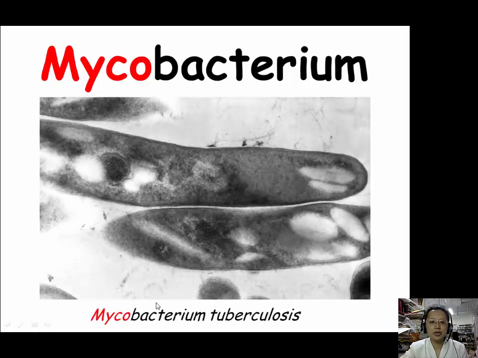Like in this picture, showing Mycobacterium tuberculosis. Mycobacterium is a genus of actinobacteria. The genus includes pathogens like Mycobacterium tuberculosis, which results in tuberculosis, and also there's another strain of Mycobacterium that results in leprosy.